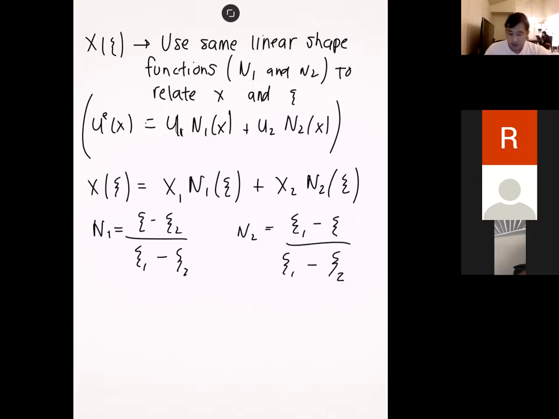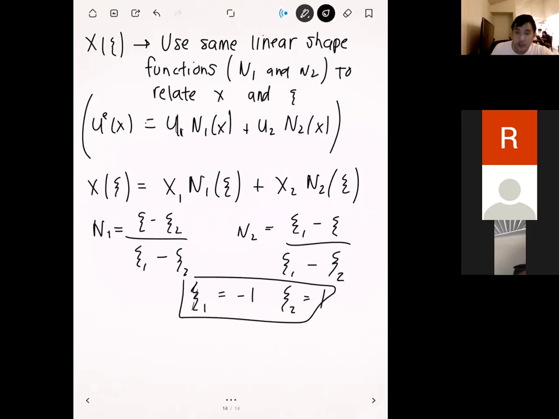Our shape functions here take the same form. Our n1 is zeta minus zeta 2 over zeta 1 minus zeta 2, and our n2 is zeta 1 minus zeta over zeta 1 minus zeta 2. But for Gauss quadrature, we can simplify this a little more, because the reason we're performing this change of variables is that zeta 1 and zeta 2 have very special values. For Gauss quadrature, zeta 1 has to be -1 and zeta 2 has to be 1.